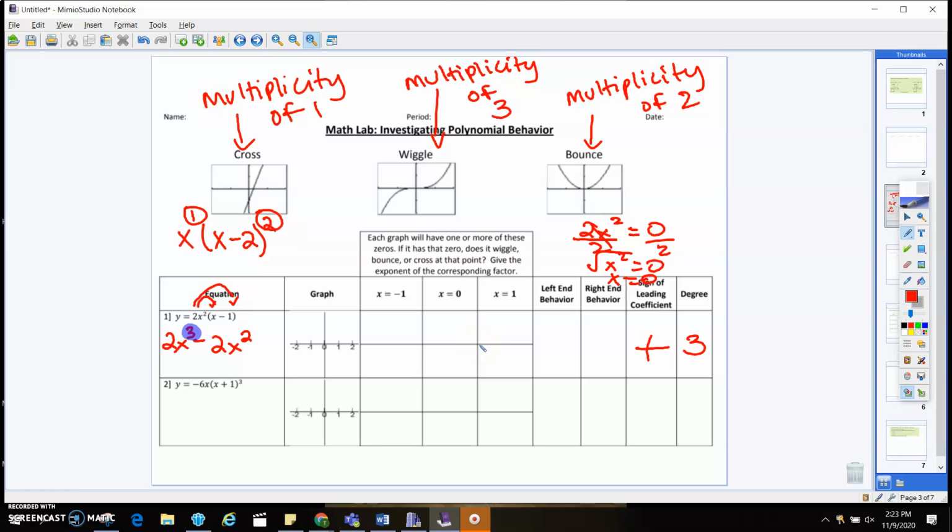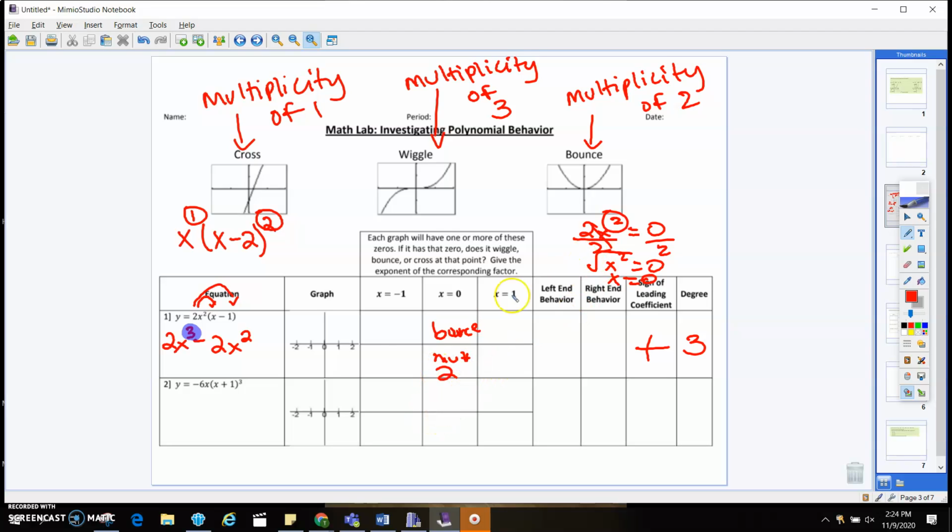Now the question that we're going to ask is, does it bounce, wiggle, or cross? Well, what was the exponent that it had? It had a squared, which means that it had a multiplicity of 2, which means that it's going to bounce. So where it says x equals 0, we're going to say bounce, and it's going to have a multiplicity of 2.